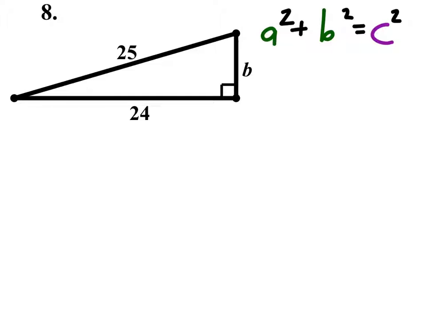Alright, this time we are solving for the b value. So we'll acknowledge that the 24 is a leg because it's part of that right angle. And c is the hypotenuse because it's opposite the 90-degree angle. That value is 25. So let's go ahead and square these.